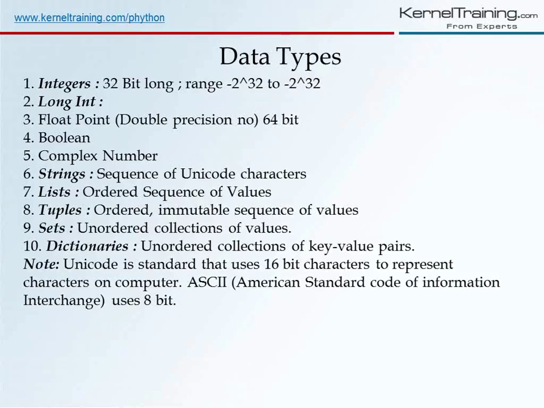Then strings, lists, tuples. Lists and tuples are basically your grouping of things. List is an ordered sequence of values. Tuple is ordered and immutable. So the difference here is that if you try to do some alteration to a tuple, it will try to create a new memory location.